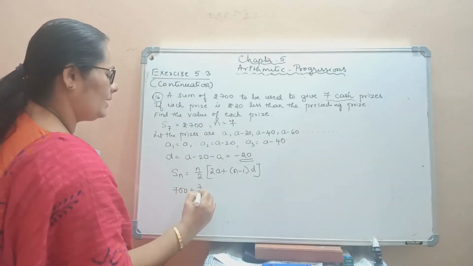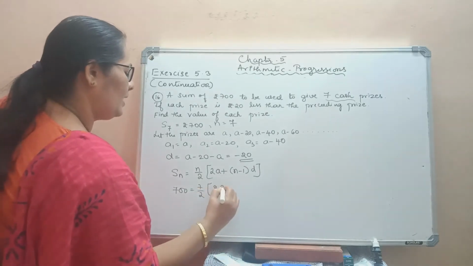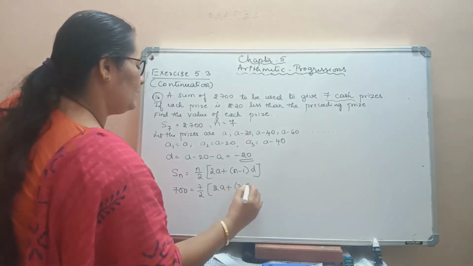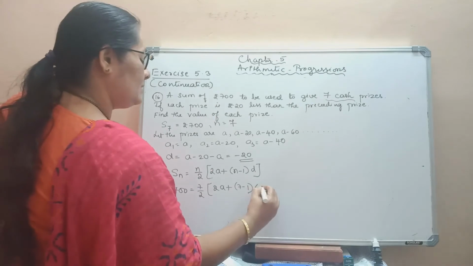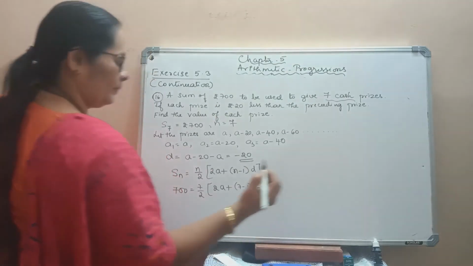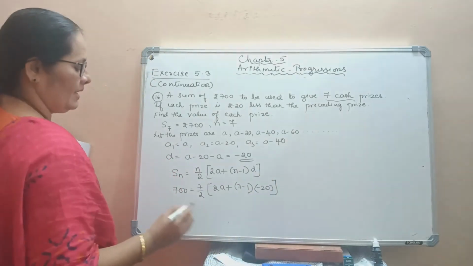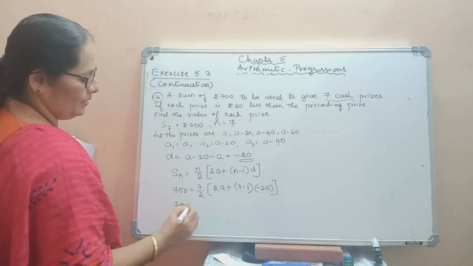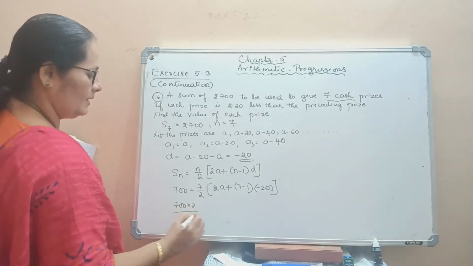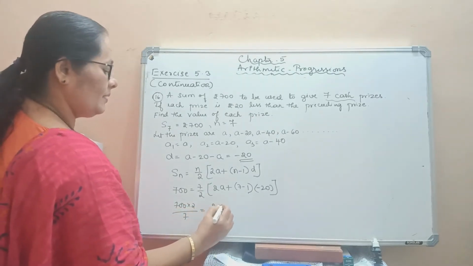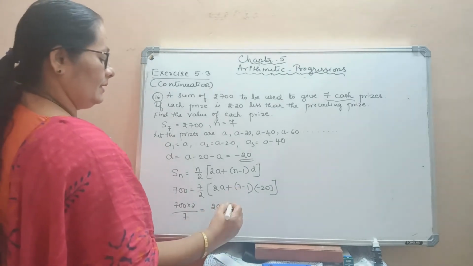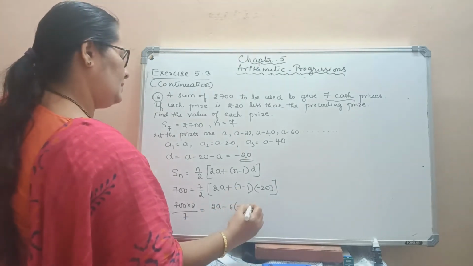So 7 by 2 into 2A plus 7 minus 1 into d. d is minus 20, right? Now cross multiply. 700 into 2 by 7 equals 2A plus 6 into minus 20.